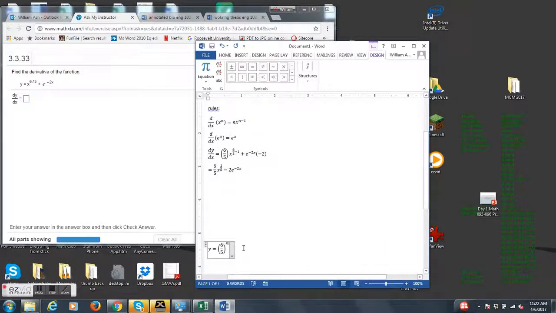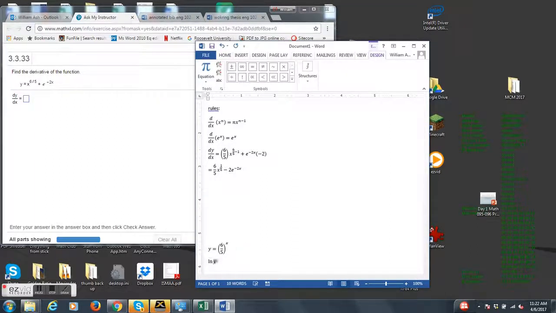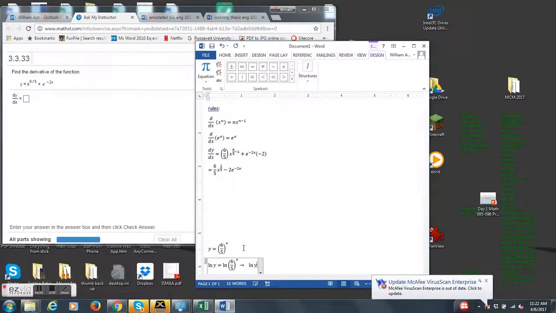So for what it's worth, I take the natural log of both sides, which gives me ln y equals x ln 6/5.